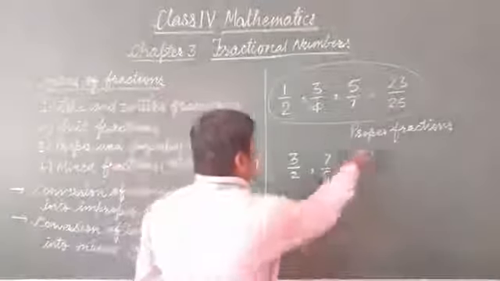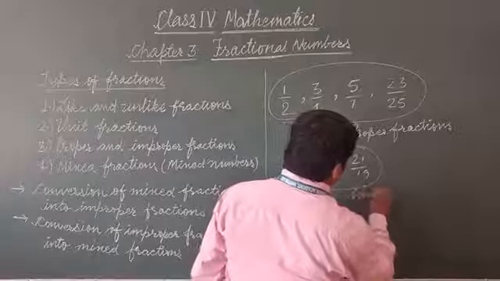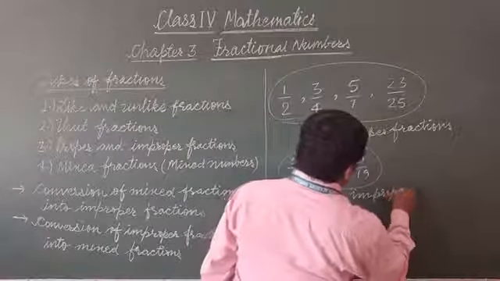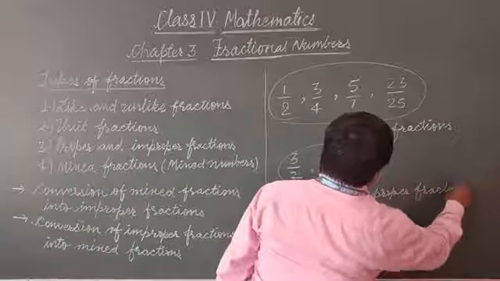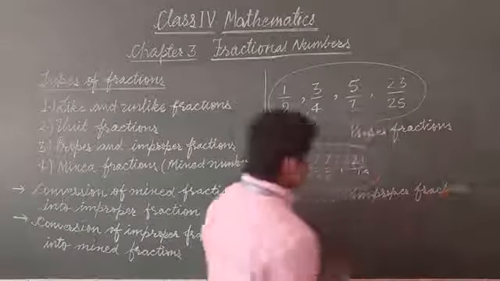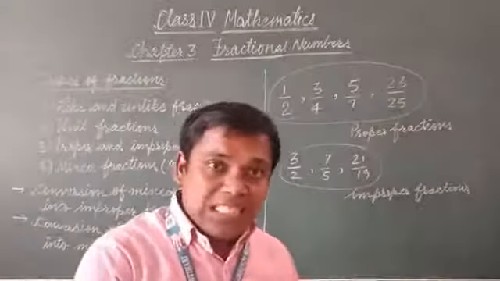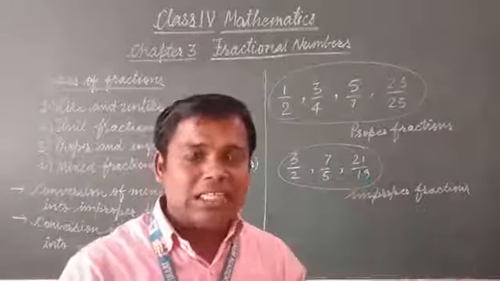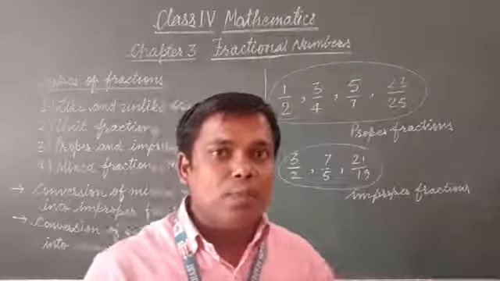So these are the examples of improper fractions. The definition is that if fractions have numerators greater than denominators, they are called improper fractions.